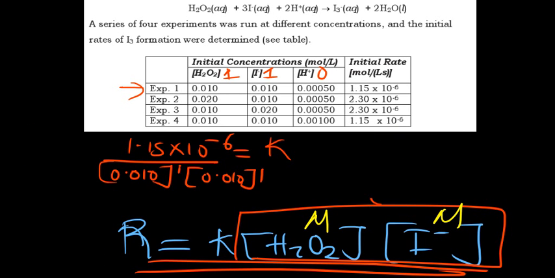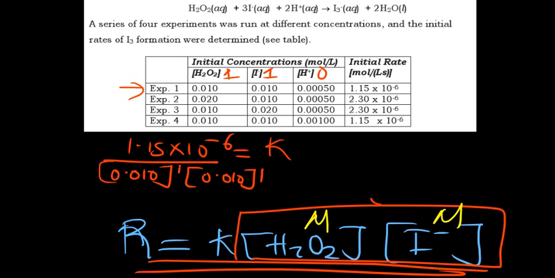So what's the value that you're getting after dividing? Remember what we're multiplying first of all. In such cases, I advise first of all dealing with the denominator. We have 0.010 times 0.010 to the power 1.